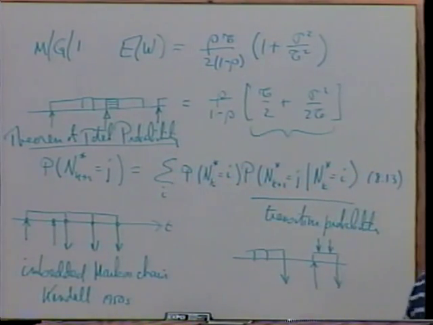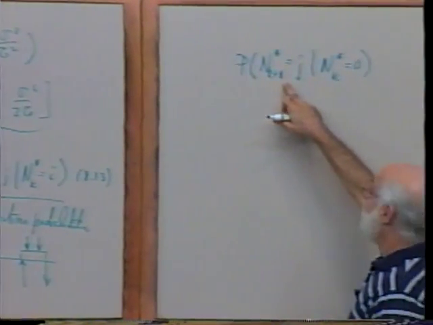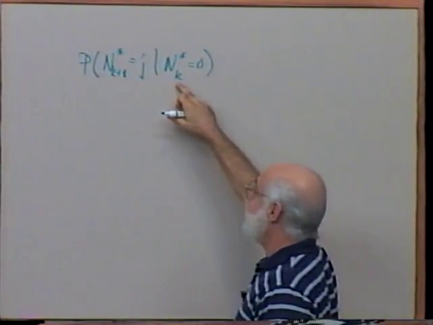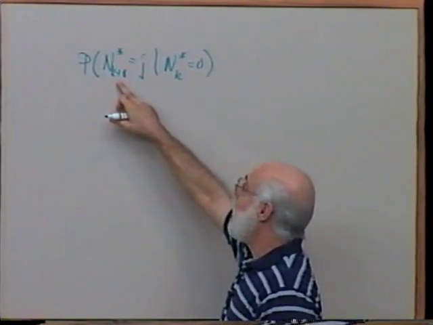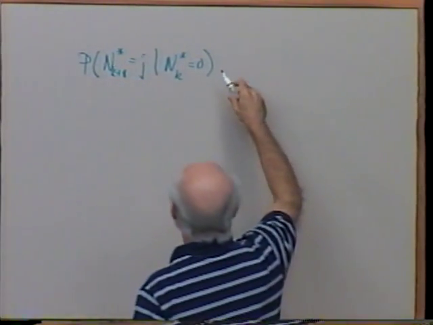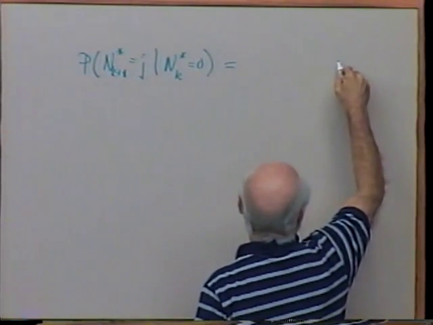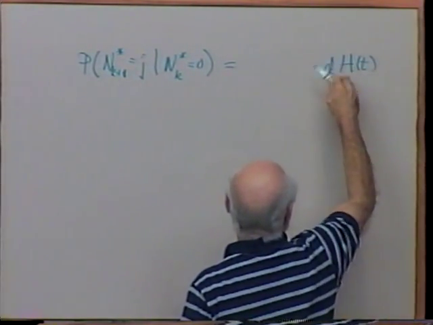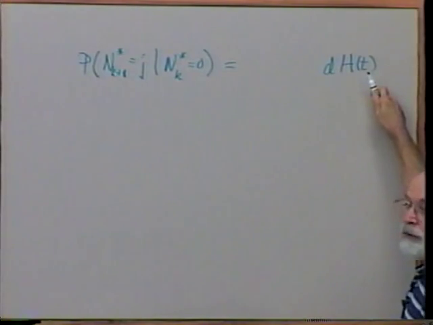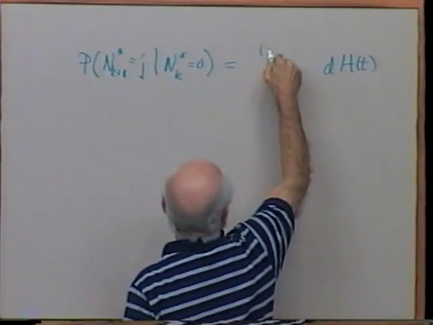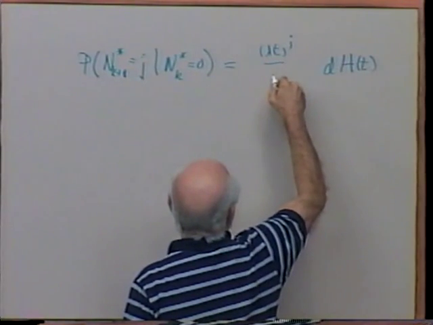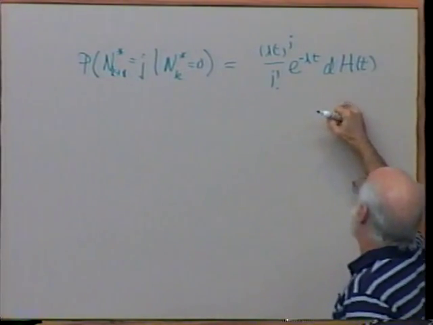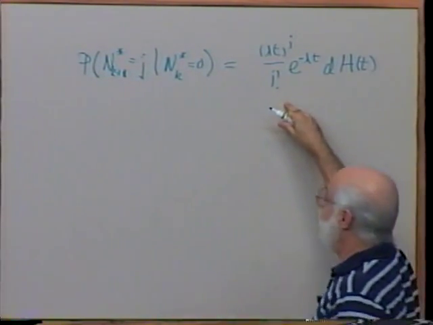So the probability that a departing customer leaves behind j if the previous customer left the system empty is equal to the probability that during this customer's service time, exactly j customers arrive. Well, we assume we have Poisson input. We assume that the service time distribution function is H. So dH(t) is the probability that the customer's service time lasted exactly t. (λt)^j over j factorial, e to the minus λt, is the probability that during that interval of length t there were exactly j arrivals.